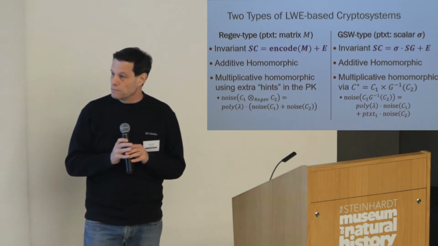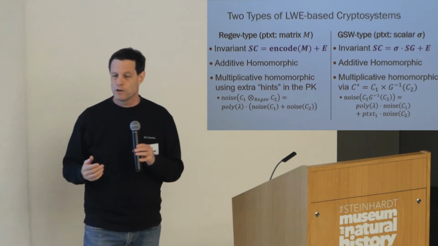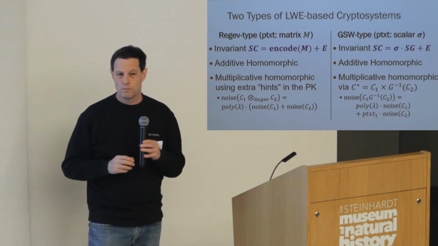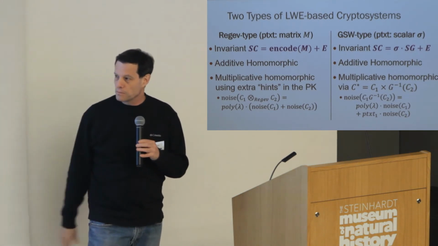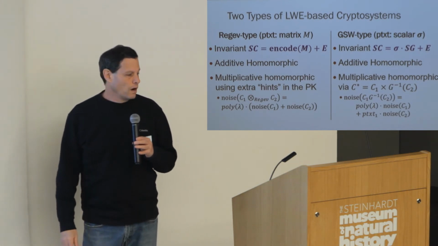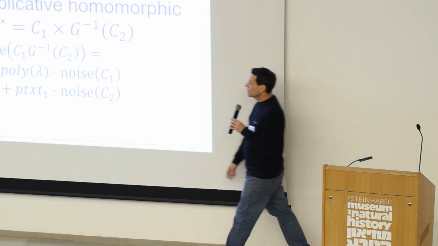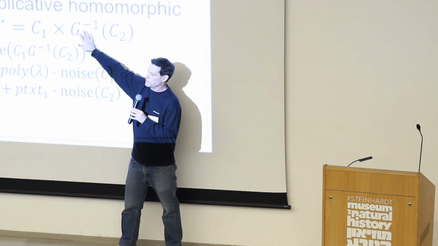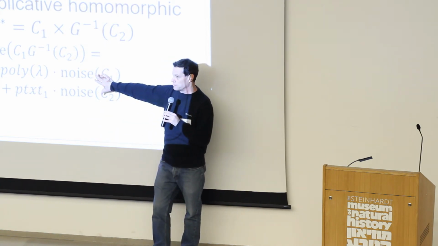The only thing that's important about it is that when you do this multiplication operation, the noise is symmetric in the noise of the two ciphertexts that you multiply, essentially a sum of them times some polynomial factor. For GSW, the multiplication is simpler. You take one ciphertext, you multiply it by this redundant version of the other, and the noise is not symmetric.